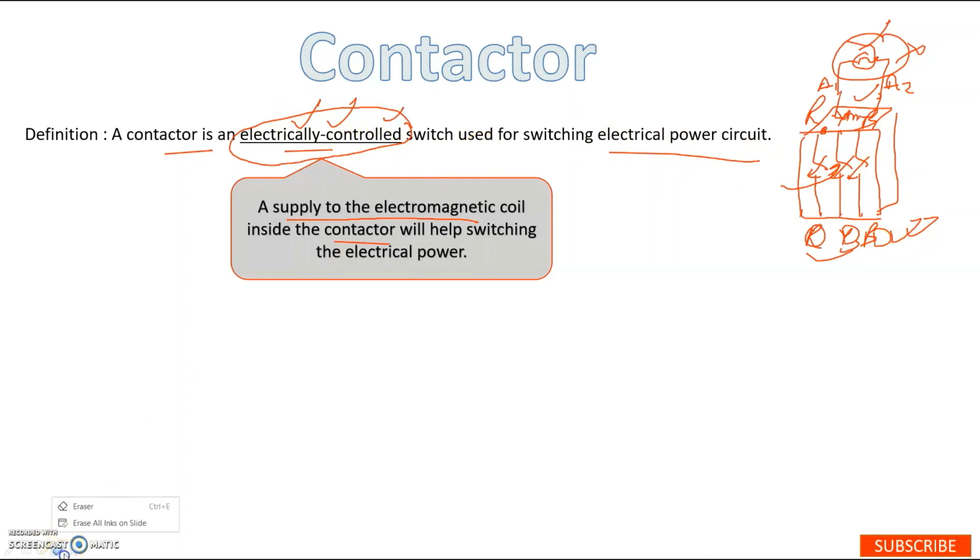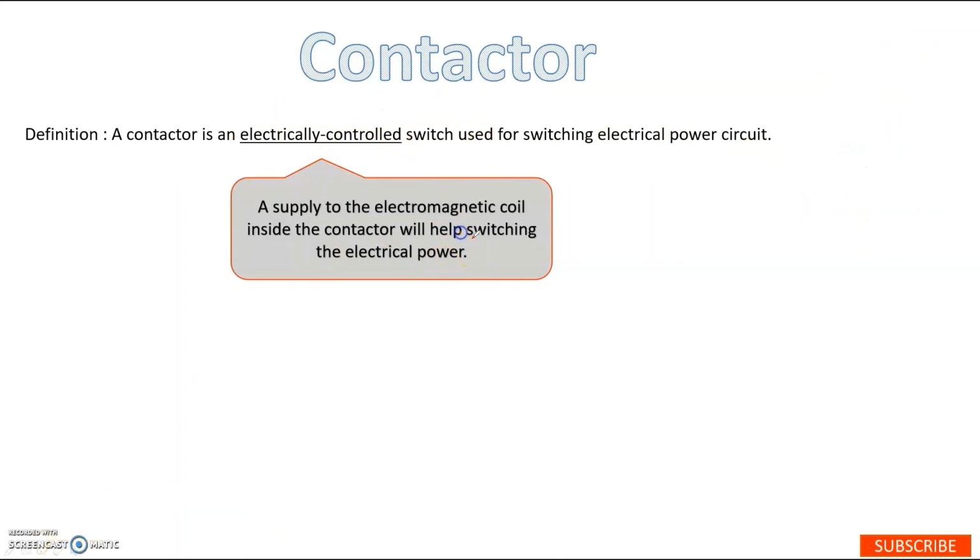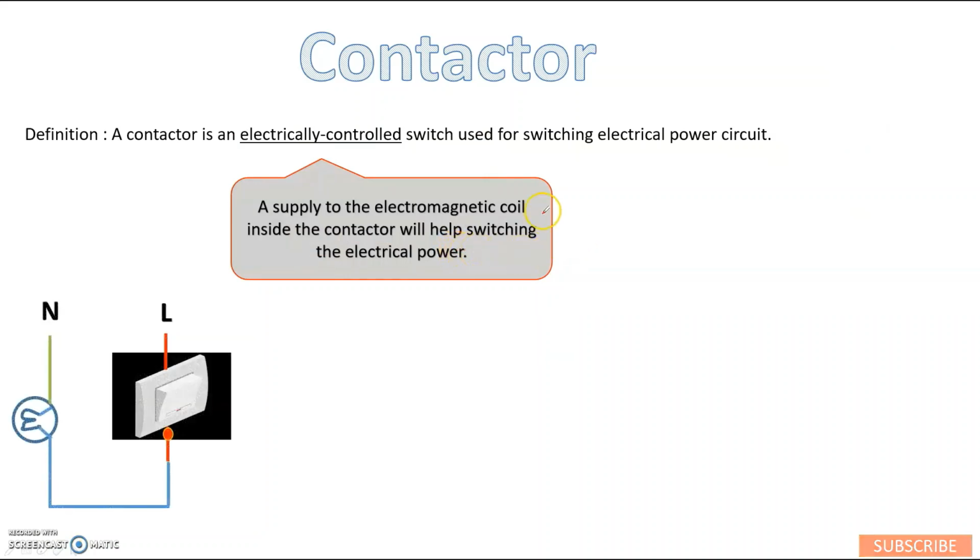We'll further see the image of the contactor and try to understand further. Let us understand it a little bit using the analogy of a switch. What does a practical home switch do? It connects the line to the bulb once it is manually switched on.